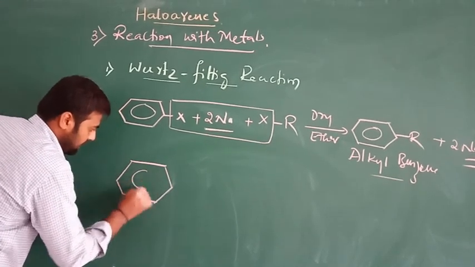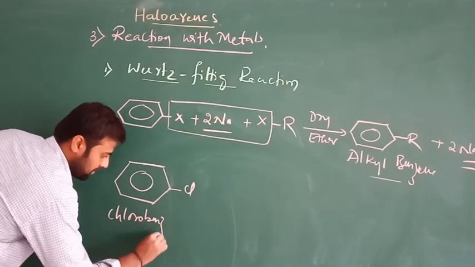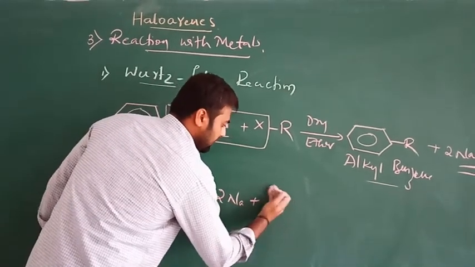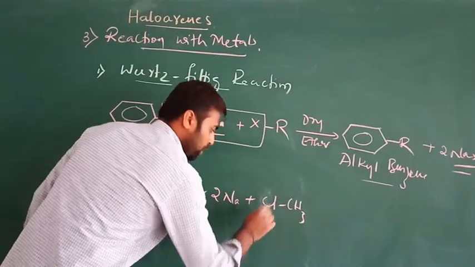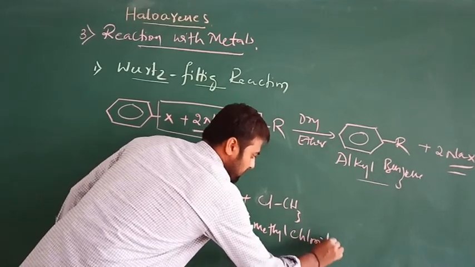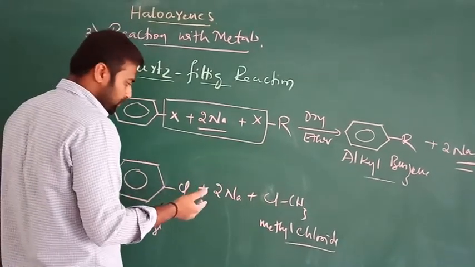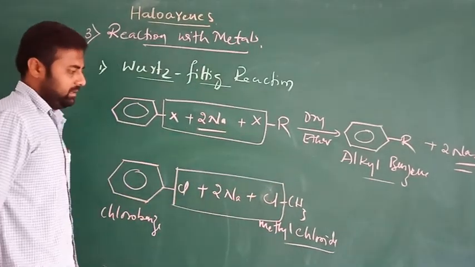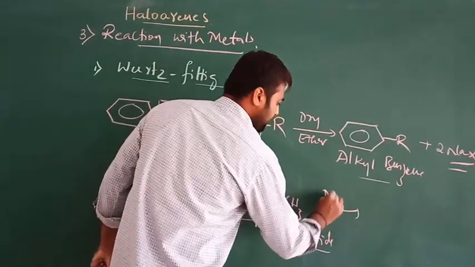Now I take chlorobenzene, treated with methyl chloride or chloromethane. Now 2NaCl, the salt, is removed, in the same medium, dry ether.